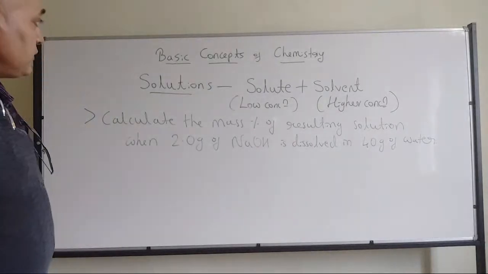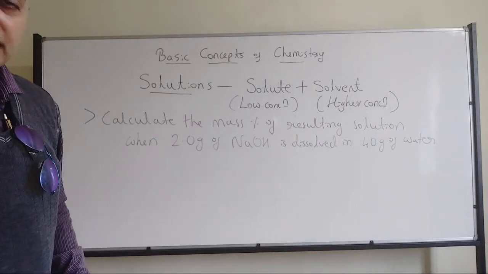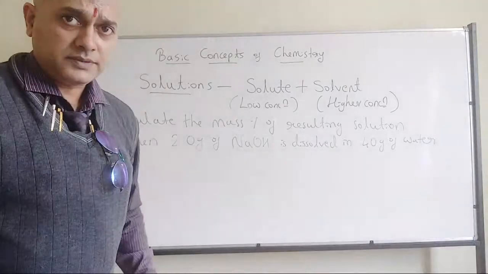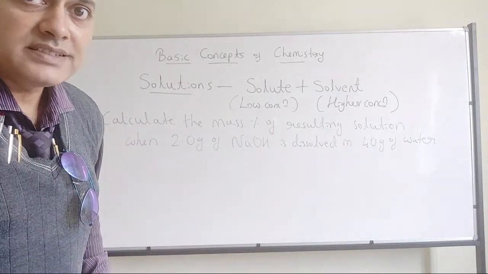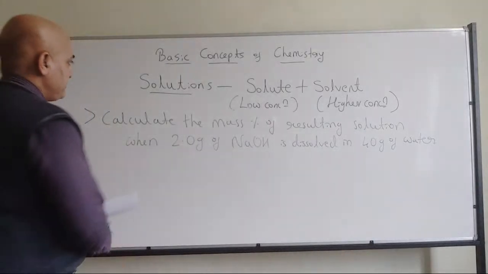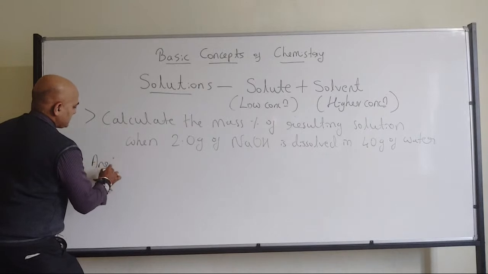So 2 grams of sodium hydroxide dissolved in 40 grams of water. Any one of you? 4.76. Even I have to see. Okay? So answer, we will solve it.